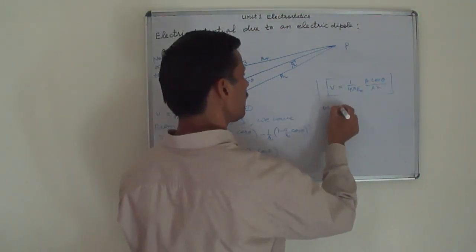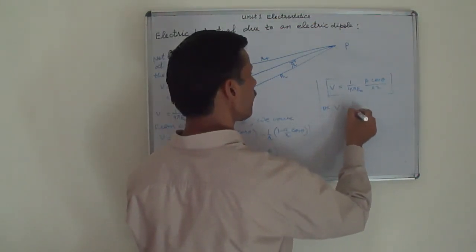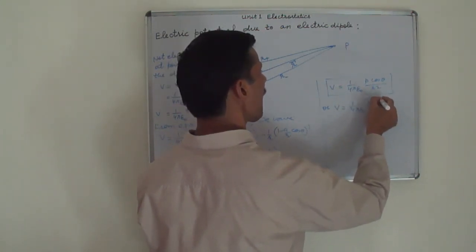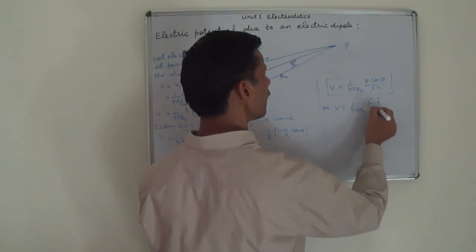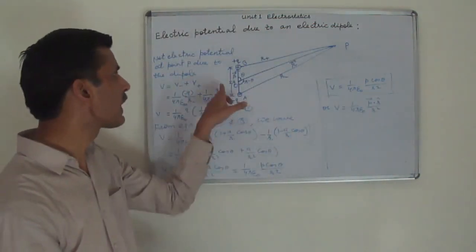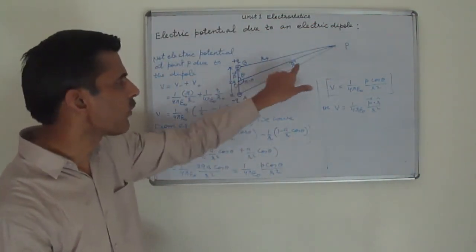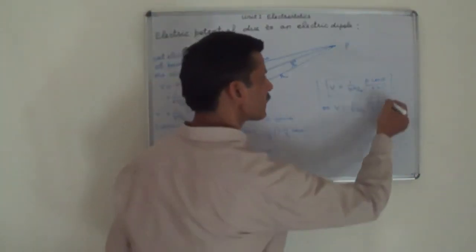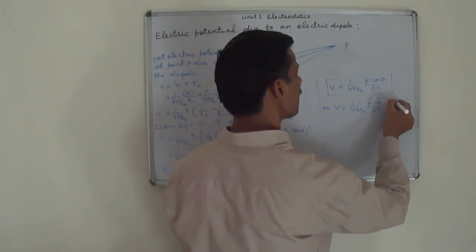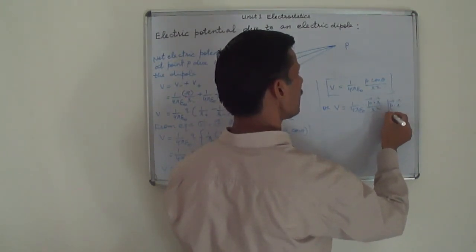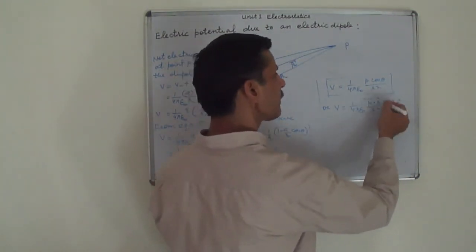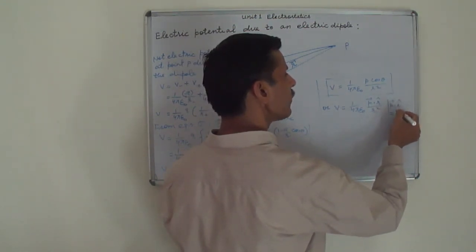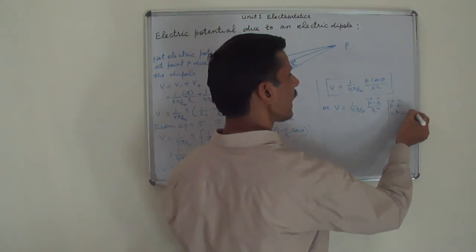You can also write like this: V is equal to 1 upon 4 pi epsilon naught, p vector dot r cap. Here r cap is a unit vector in the direction of vector r. So you can see p vector dot r cap is equal to the magnitude of p vector, that is p, into the magnitude of r cap, which is 1, cos theta.